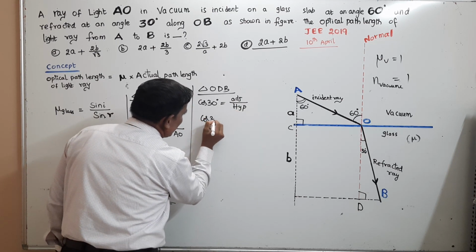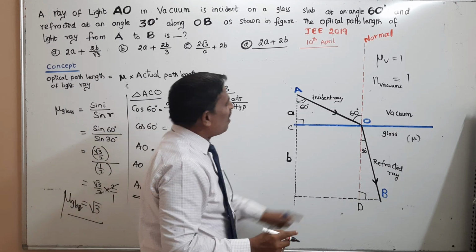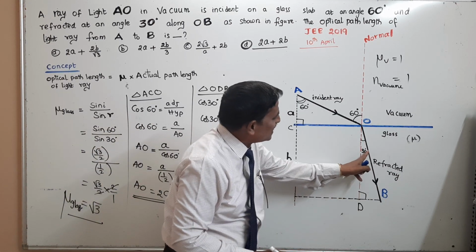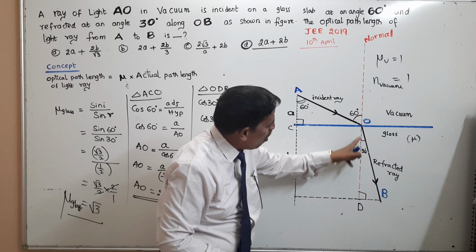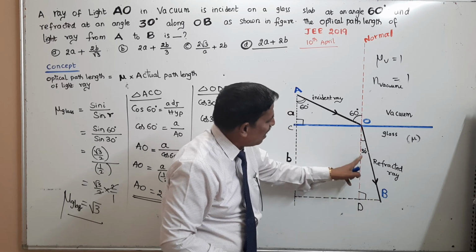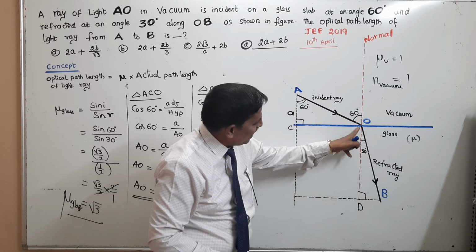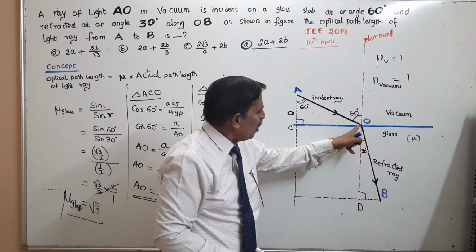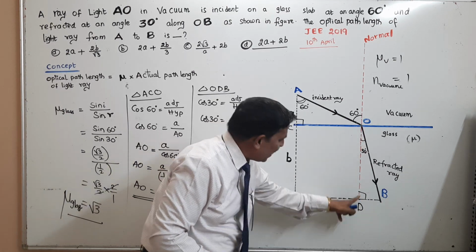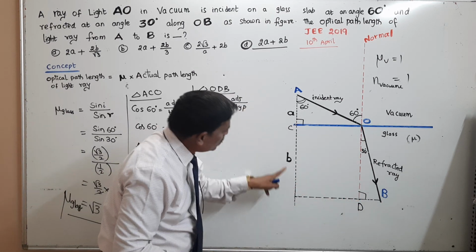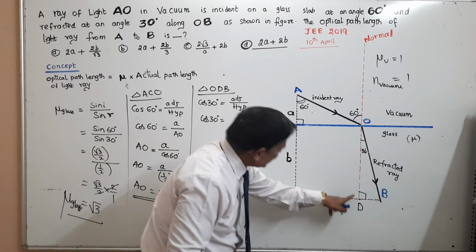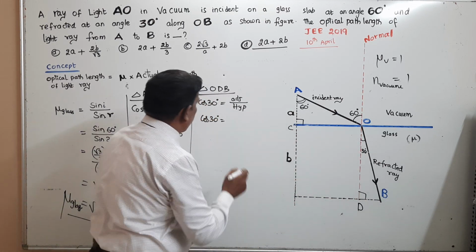The adjacent side of 30 degrees in the right angled triangle ODB is nothing but OD. OD distance is equal to small b.